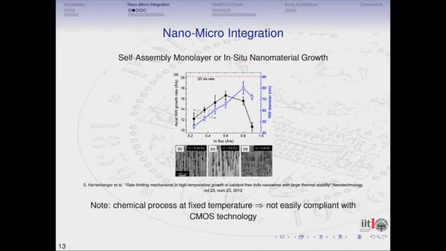But this approach implies some chemical processes at fixed temperature that are not always compliant with the CMOS process. So in this case you have a limitation in the nanosensor type that you can integrate on your microelectronics.